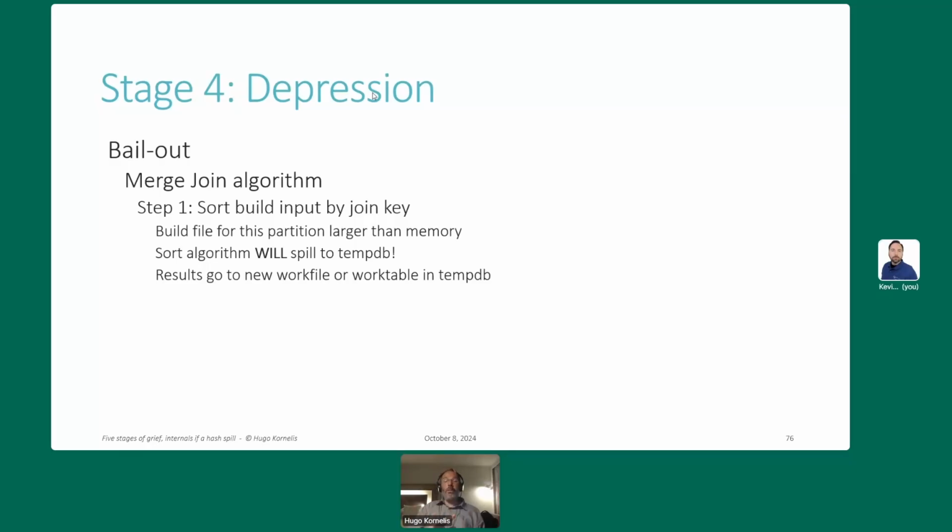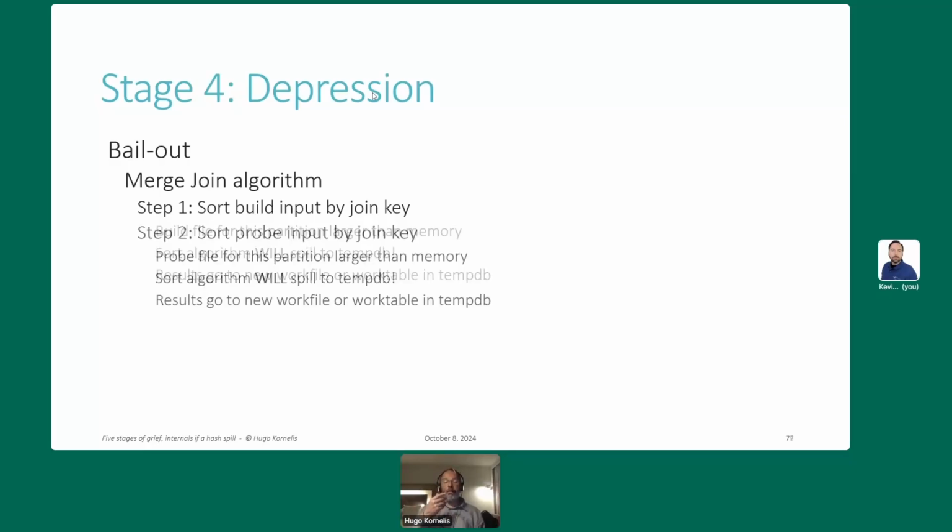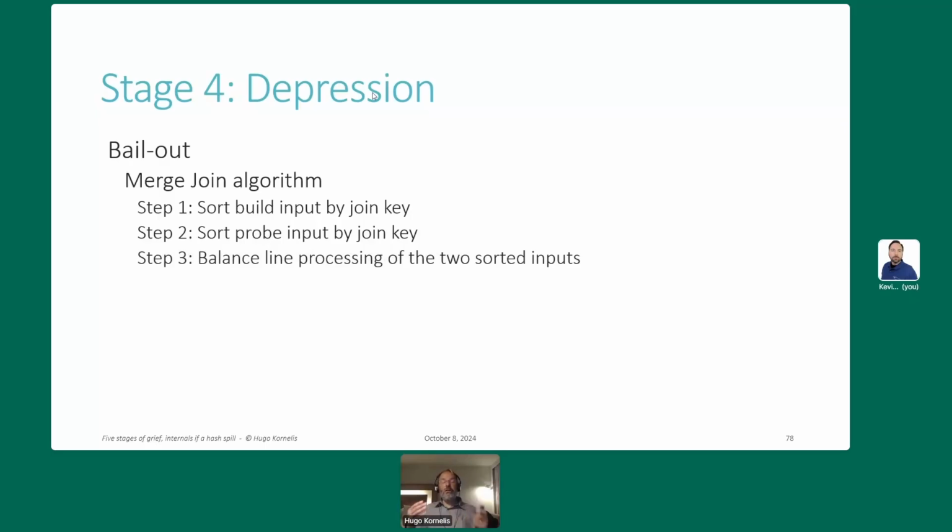Okay, cool. We have the build file sorted. Yeah, but the probe has to be sorted as well. The probe didn't fit in memory either. So we get the same overhead yet another time for the probe file. And yeah, then we can do this efficient balanced line processing of the two sorted inputs. Hooray!